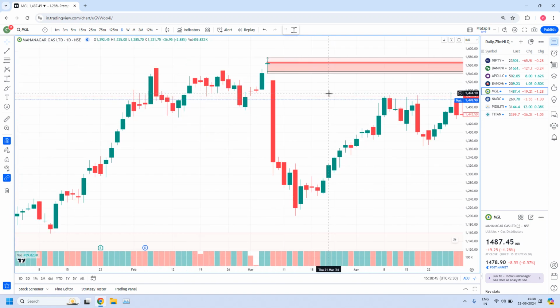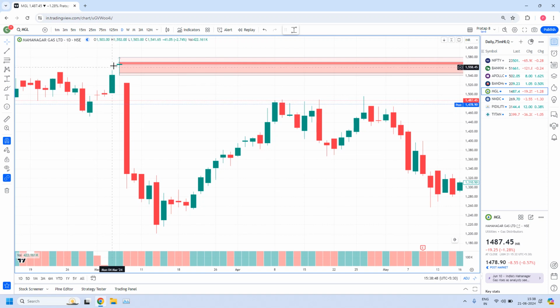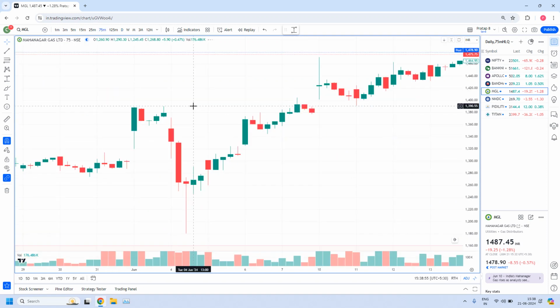Yeah. This is also a daily zone, rally, base, drop. This is the daily zone. This daily zone is fine-tuned with 75 minutes time frame.